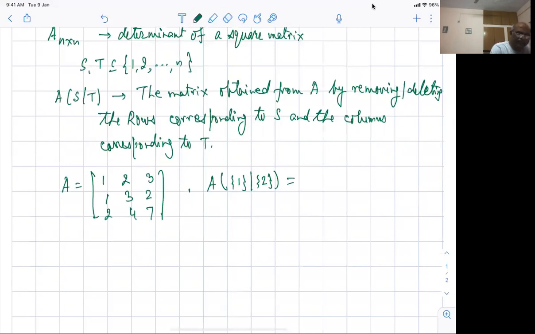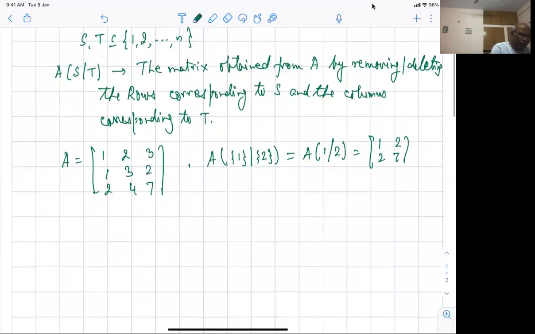But since there is a singleton here, we'll just write it as A of 1, 2 like this. That is, I've removed row 1 and column 2. So remove the first row, and I'm left with 1, 3, 2, 2, 4, 7. Remove the second column too, and I'm left with 1, 2, 2, 7.